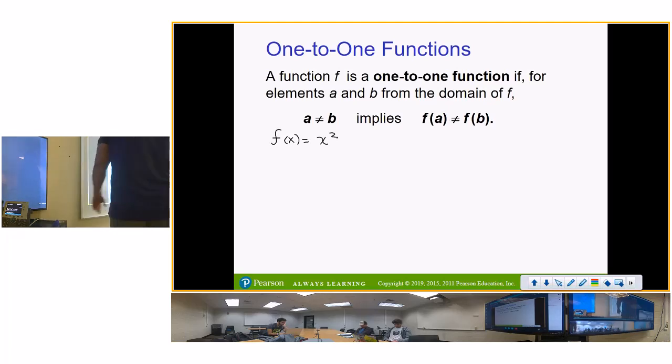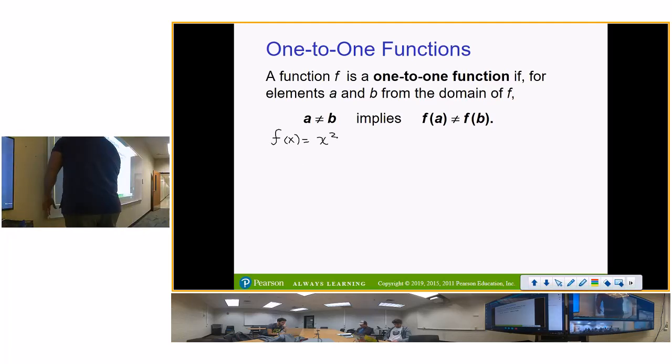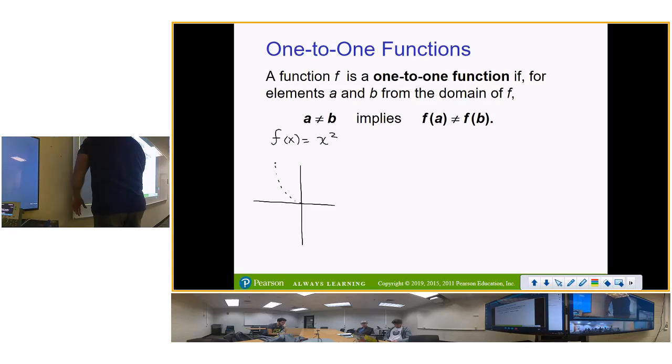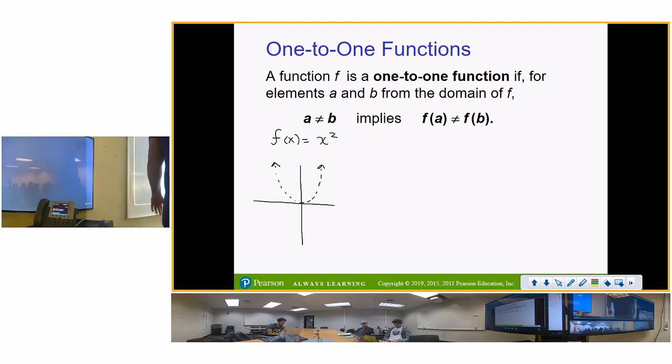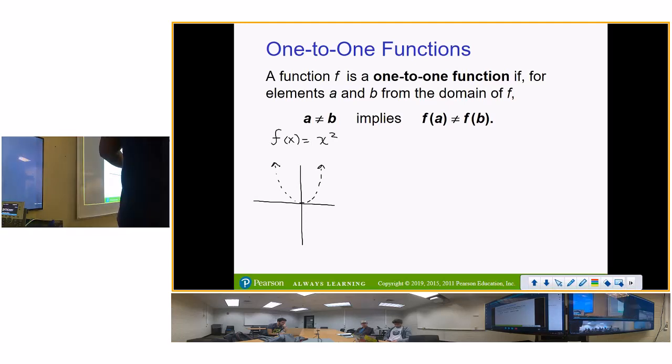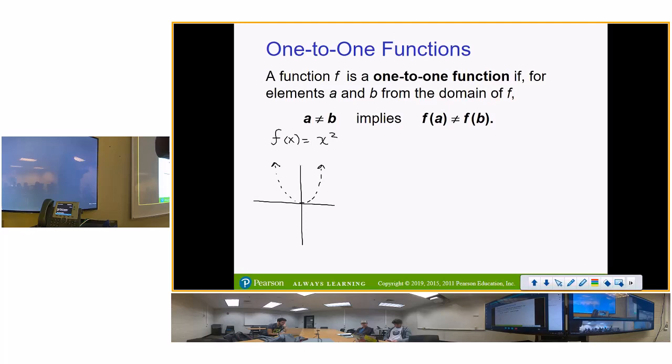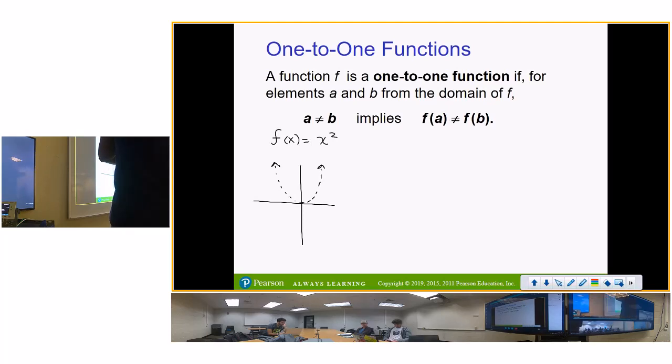Algebraically, on the graph, it looks like this. All right, so what is the function that is the opposite direction but is still symmetrical? That would be the inverse function.